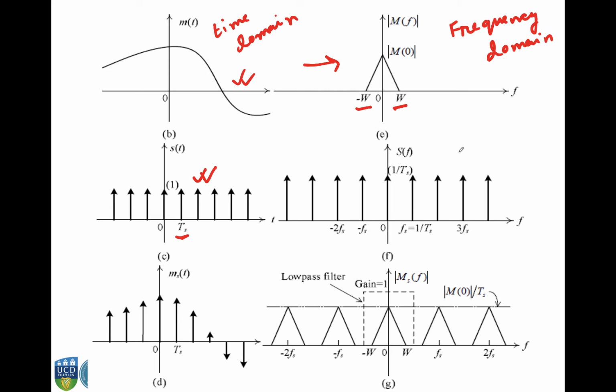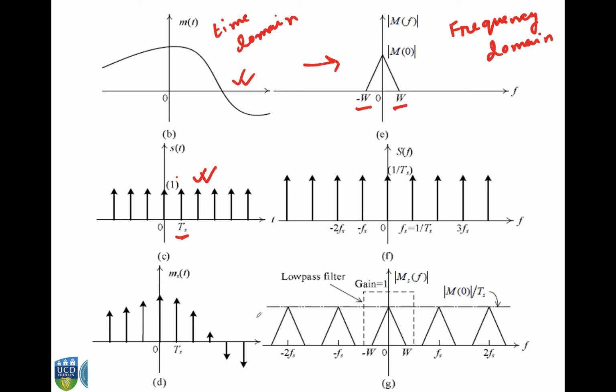The Fourier transform of an impulse train in the time domain is also an impulse train in the frequency domain, but with different scale factors. In the frequency domain the impulses are fs apart, where fs is 1 over Ts. The amplitude in the time domain was 1, and in the frequency domain it becomes 1 over Ts.